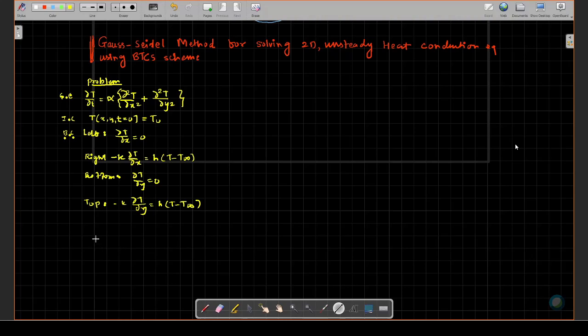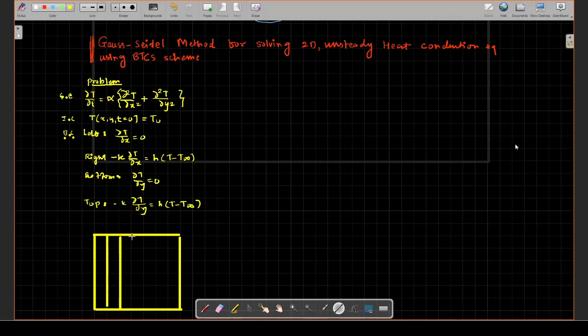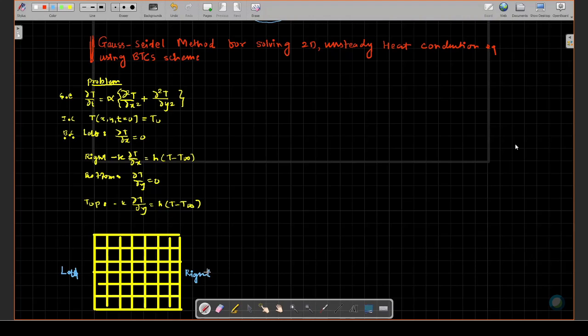So this problem was like this. Here the various boundary conditions were: this is the left boundary, this was the right boundary, this is top, and this is bottom.